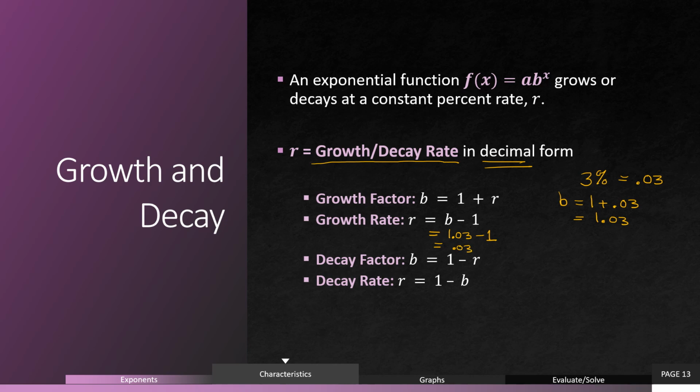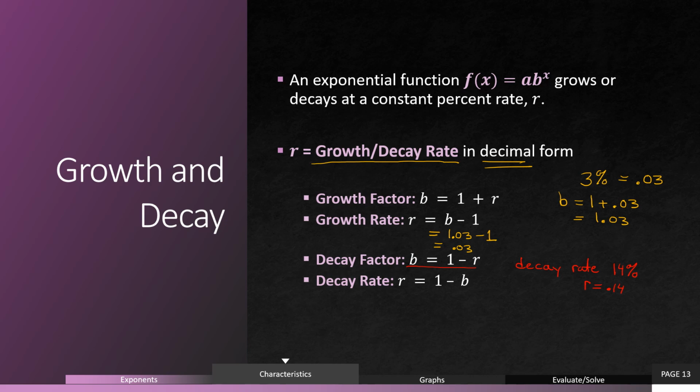Let's say instead, though, we had a decay factor. Let's say we have a function and it is decaying at a rate. Let's say the decay rate, we'll do this one in red so it shows up, is 14%. Since we need r in a decimal, that's going to be 0.14. So this time we're going to find b, we need to subtract, because really a decay is a negative value.